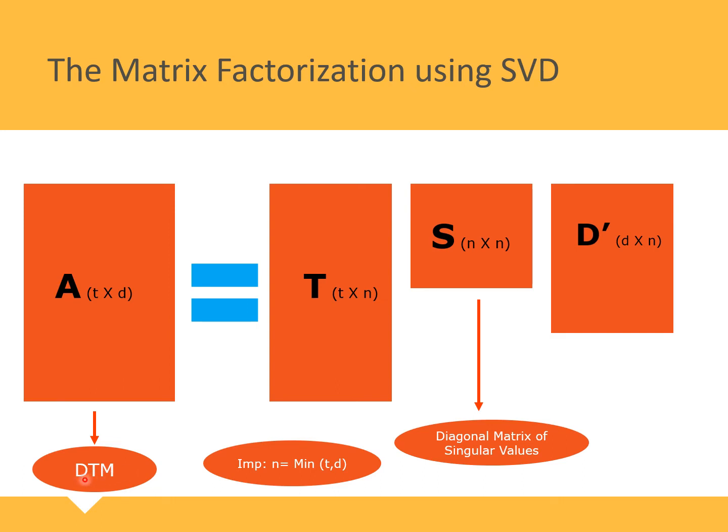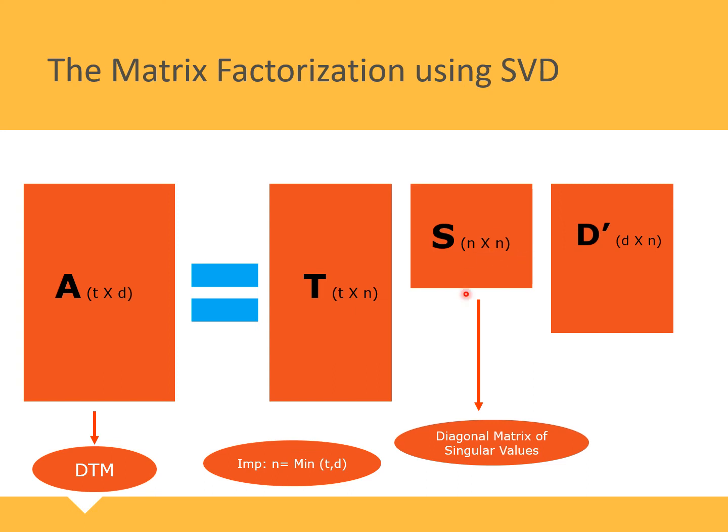So it's the term document matrix, term cross document, represented as a product of three matrices. The first matrix we call the term matrix, the matrix of terms. The matrix in the center is the diagonal matrix of singular values, and the matrix on the right side we call the matrix of documents, which is of order d cross n, right?